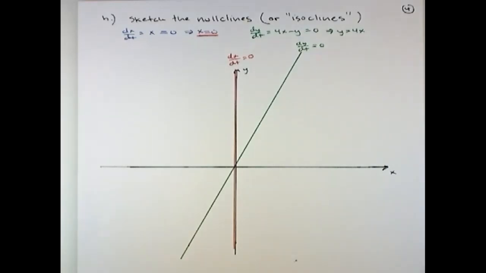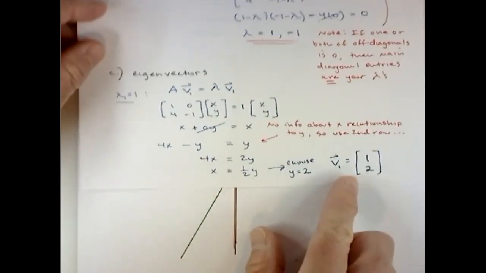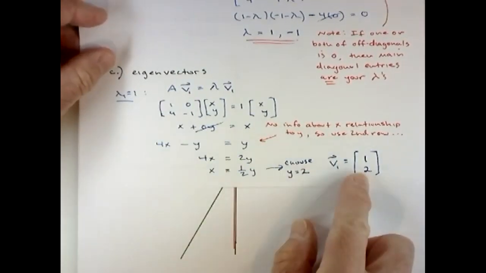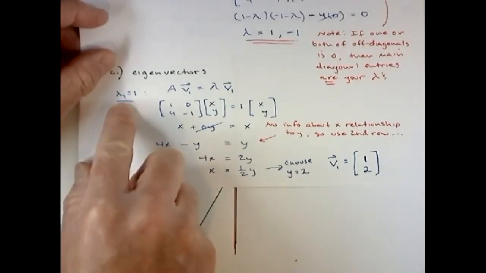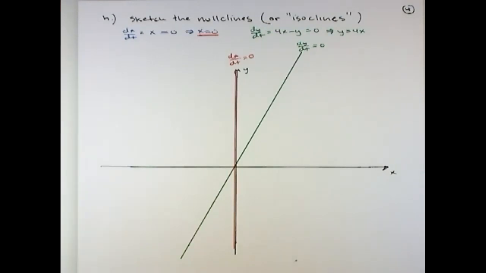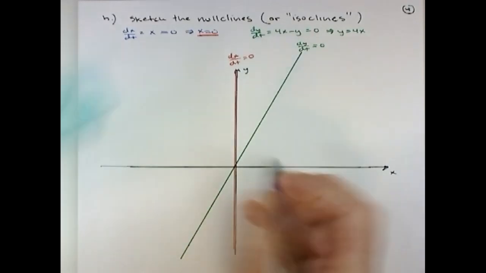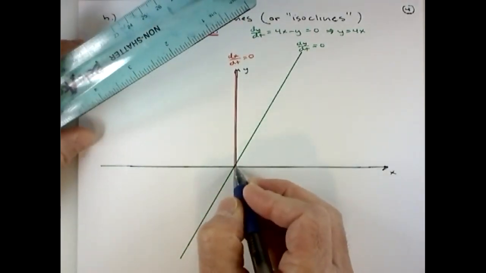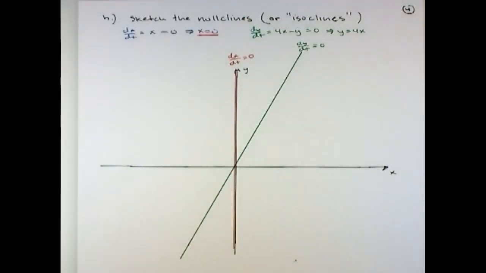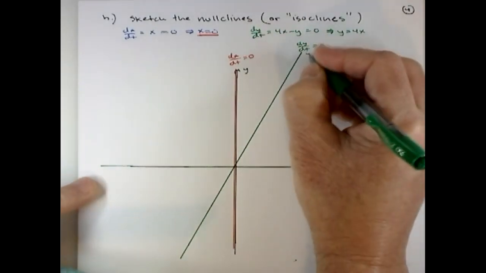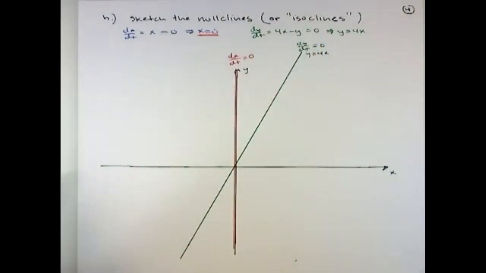So recall one of the eigenvectors was 1, 2, right? 1, 2 was our first eigenvector, and that was associated with the eigenvalue of +1. If I was going to graph that, I've got to be a little bit careful, because this was the line y equals 4x.